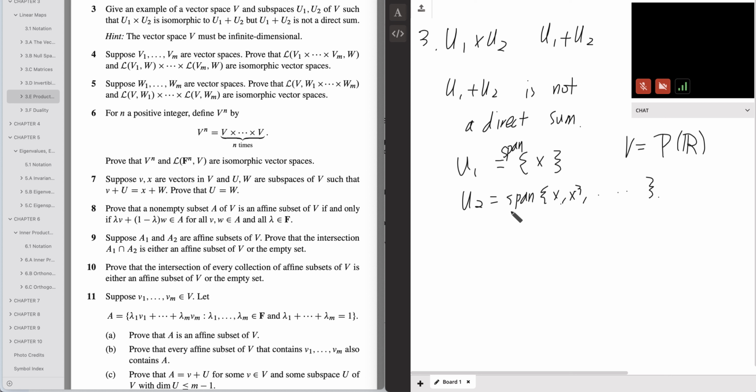I don't think this will work because U1 plus U2 will generate only odd degree polynomials, while U1 cross U2 will generate, what's it called, even degree polynomials, which U1 plus U2 just cannot match, those polynomials that have even degree somehow.